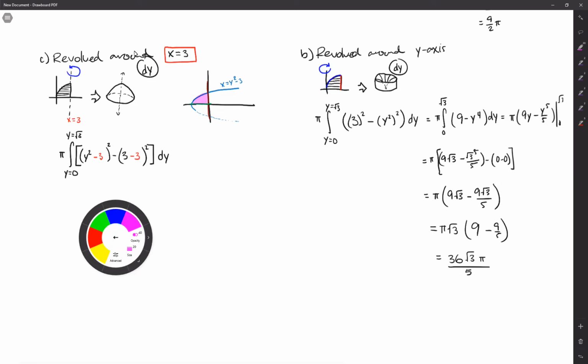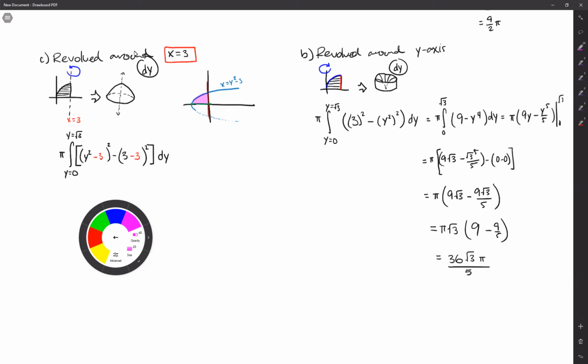So what subtracting the axis of rotation from each of the outer and inner curve does is shift everything so that whatever your axis of rotation is essentially coincides with either the x-axis or the y-axis, depending on which way your axis of rotation is facing.